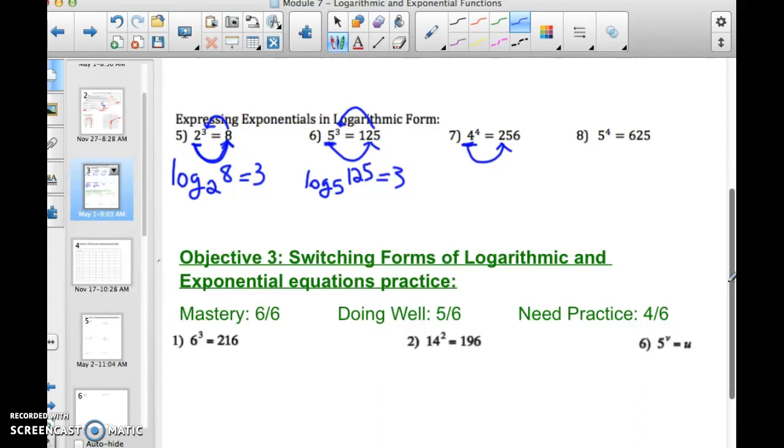Base of 4, output of 256, equals 4. So log base 4 of 256 equals 4. And then finally, underline the base, so log base 5 of 625 equals the power of 4. So 5 times itself 4 times equals 625.